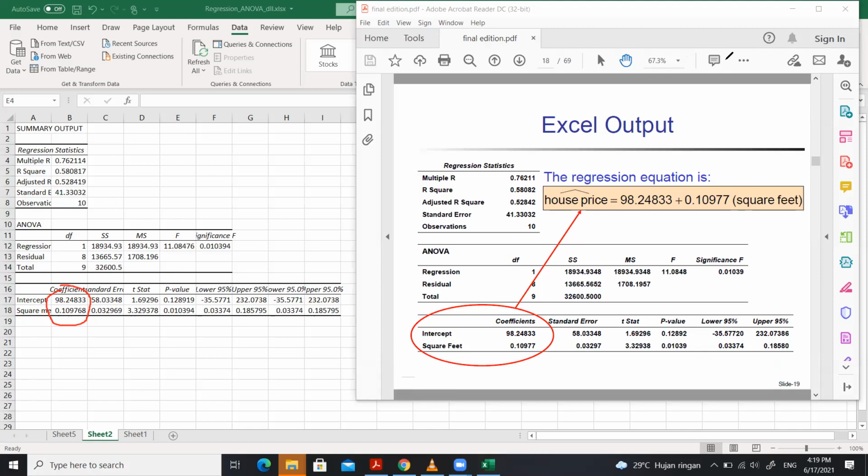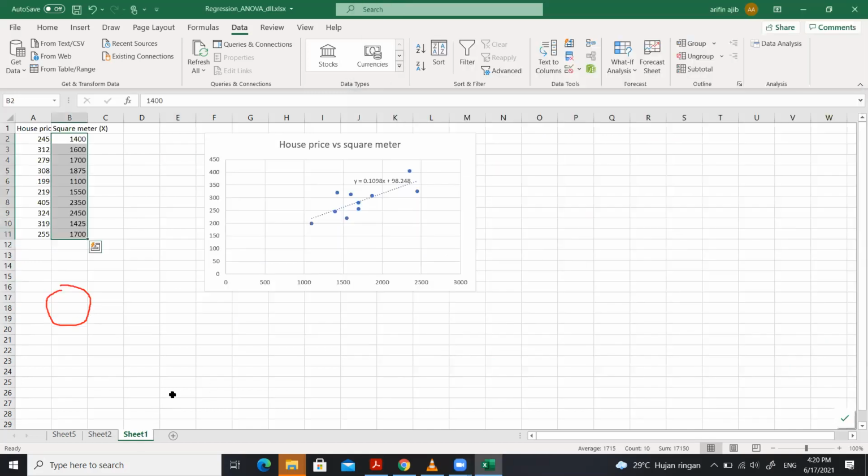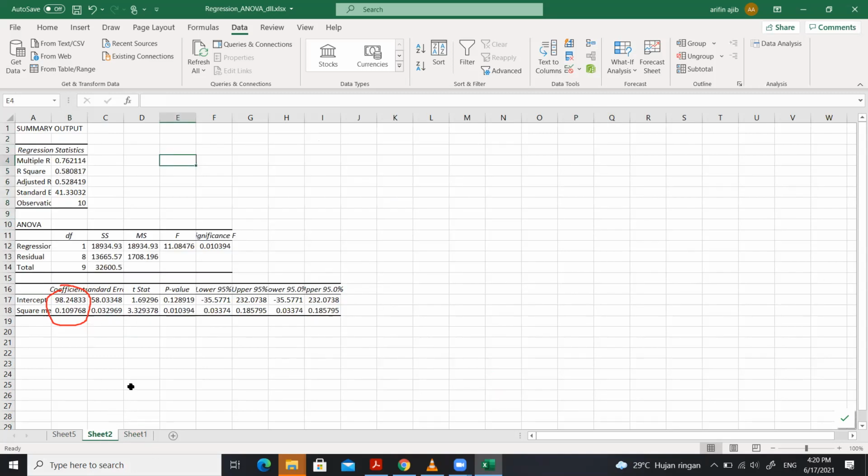If you look back at this graph, you remember this one, it's precisely the same. This is the beta 1, and 98.24 is the beta 0. You can take these values as beta 1 and beta 0.